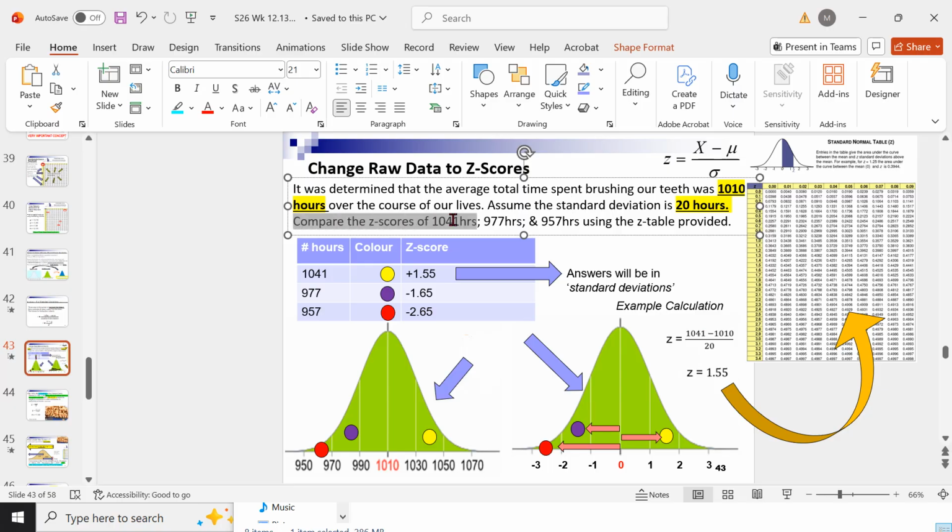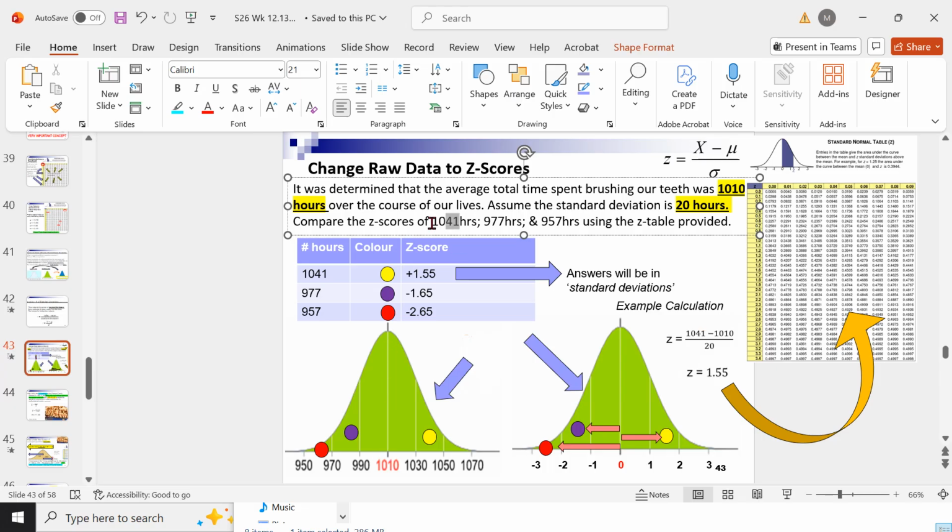Compare the Z-scores of 1,041 hours, 977 hours, and 957 hours using the Z table provided. Basically, there are 3 people of interest that I want to examine under this population. The average number of hours brushing your teeth was 1,010.